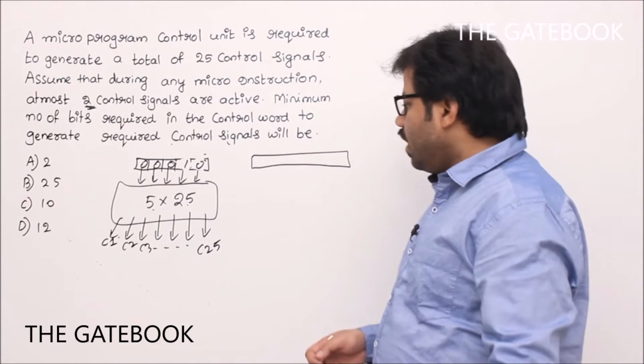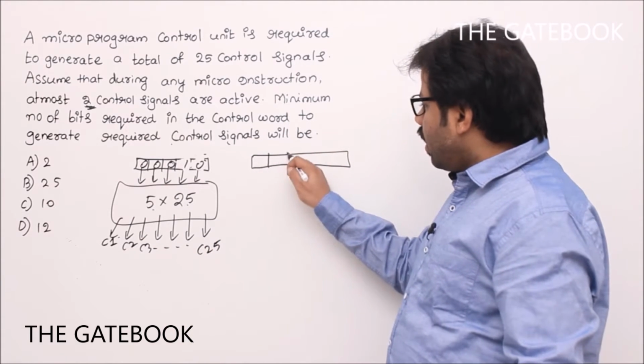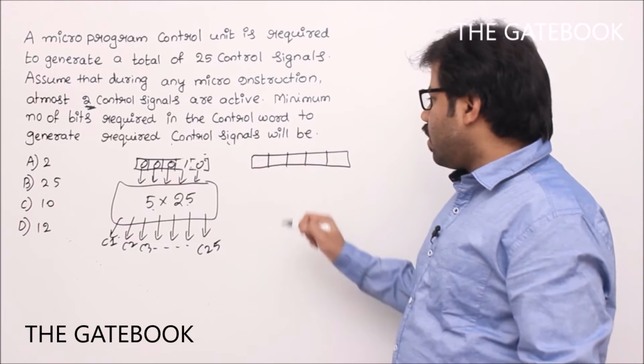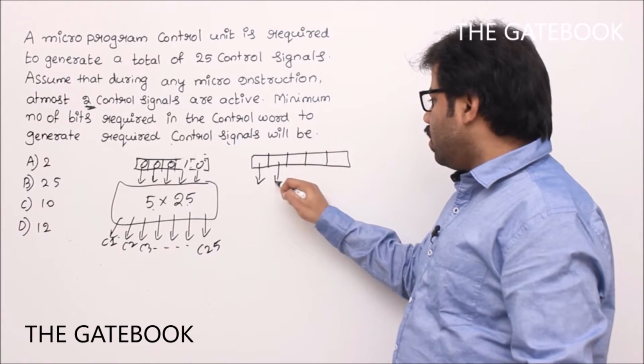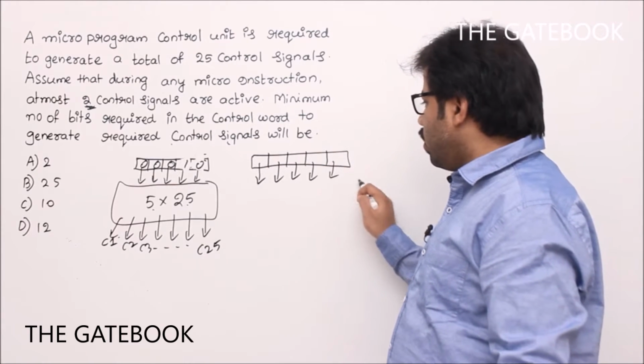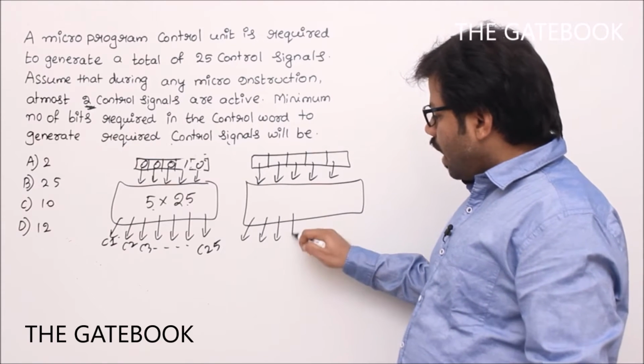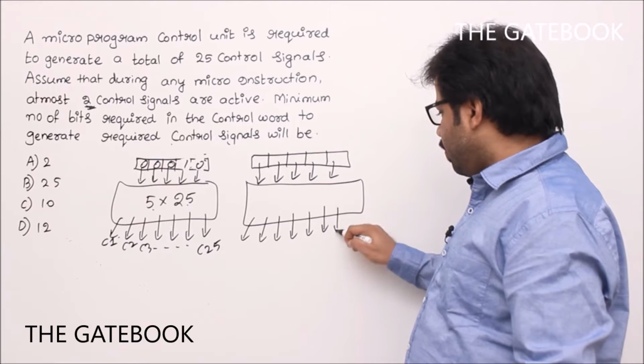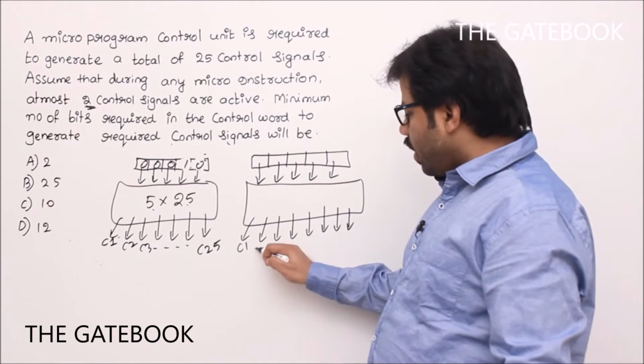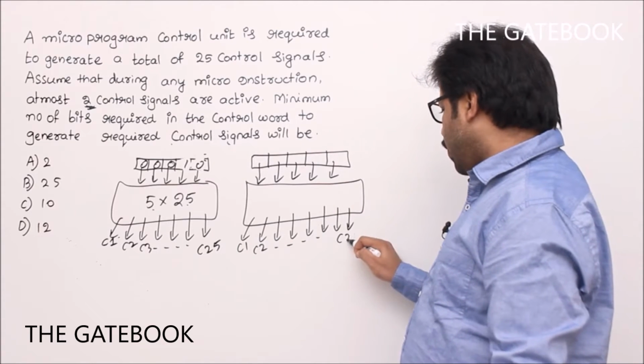Understand? Now similarly, I take another word with 5 bits, and again I connect them to another decoder. This decoder is going to have 25 output lines again, and each one I connect to control signals C1 to C25.